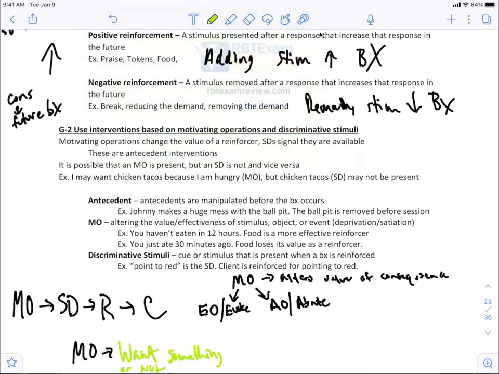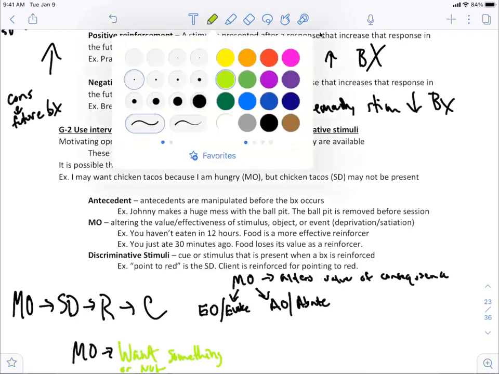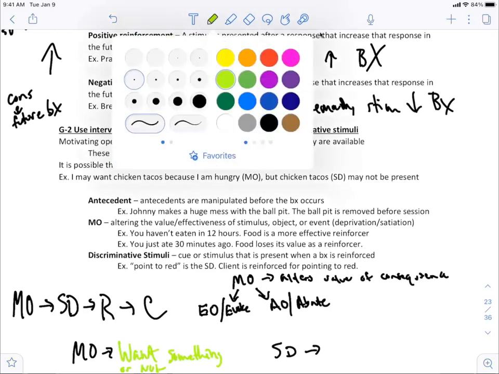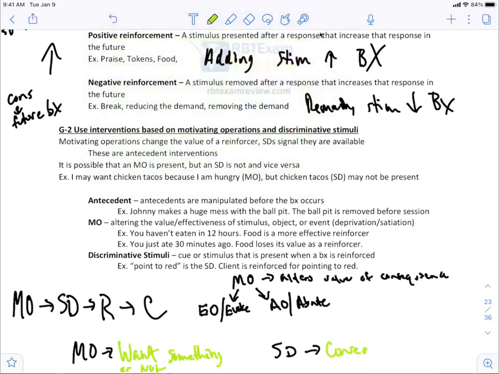The motivation to obtain the consequence is there, or the motivation to not obtain that consequence is there. The SD, what does the SD do? The SD says that consequence is available, okay? Very simply, MO makes you want or not want something. That SD says that thing is or isn't available. And if it is an SD, then it's going to be available.